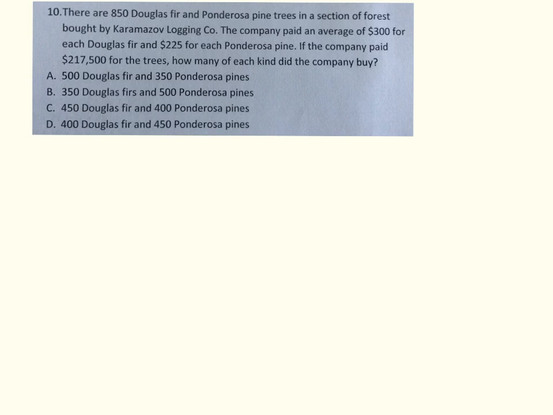Now, you might not realize at first, but this is actually a system of equations, because we know that if you take a Douglas fir and add the ponderosa, those two added together are going to add up to 850 trees. Now, it also tells us that it's $300 for each Douglas fir.